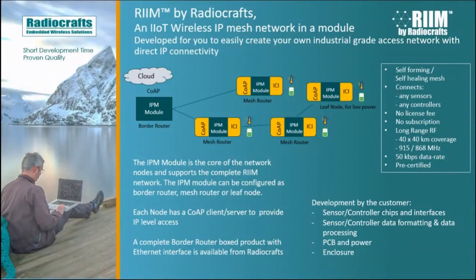It can also be configured as a sleepy node to save battery. The mesh router is basically the same as a leaf node, except that it can't go to sleep, as it must always be awake to route data of its child nodes to a parent node. Lastly, the border router acts as the root of the network. It has an Ethernet connectivity option, which allows it to forward the network's data to an external server, say a cloud, for example.